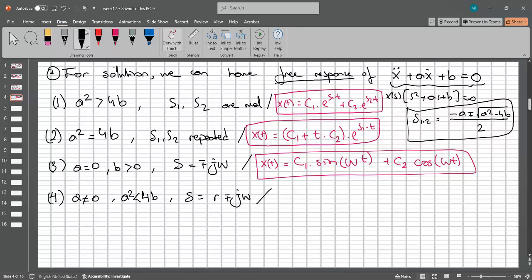And so it looks like, Hajar, just say it. sin(Wt) plus C2 cos(Wt), right? But we have one more parameter. e to the... No. Rt.